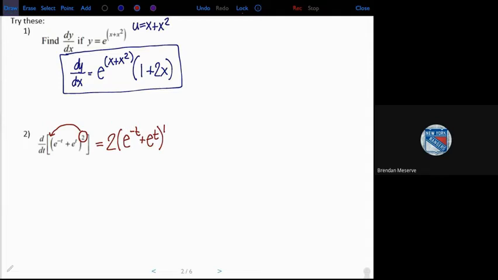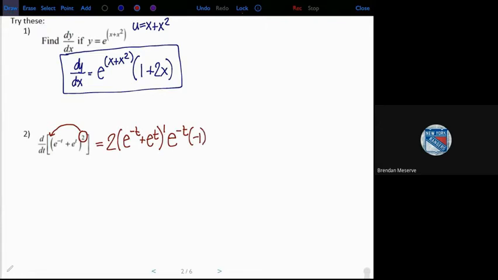And it's not until after I take care of that squared that now I have to zoom in and take the derivative of what's inside the parentheses. So this e to the negative t, even just a little negative sign turns it into an e to the u. So the derivative of e to the negative t is itself e to the negative t, but then times the derivative of u, which is negative 1.